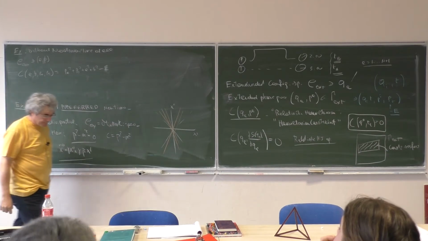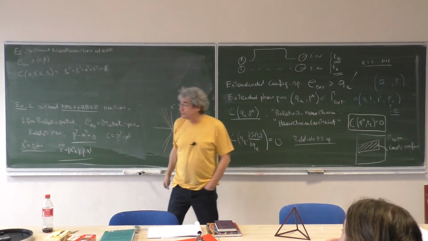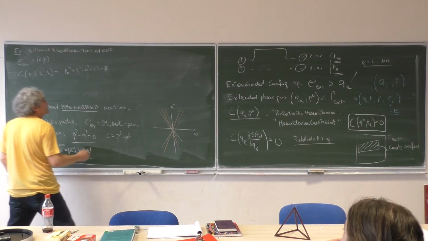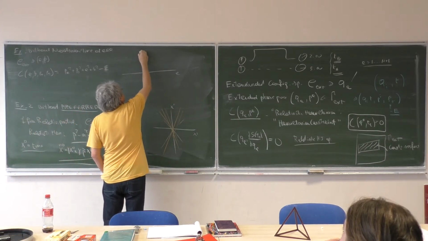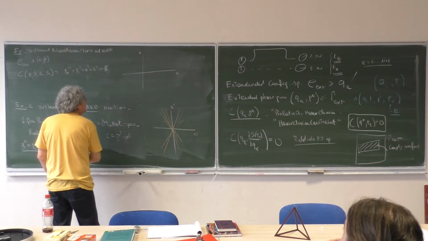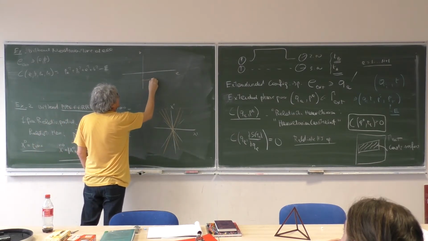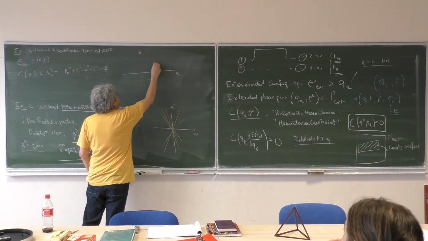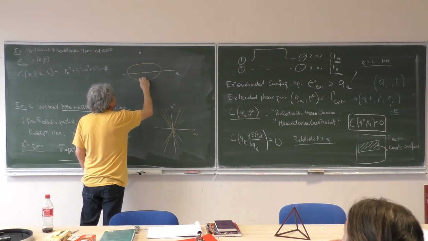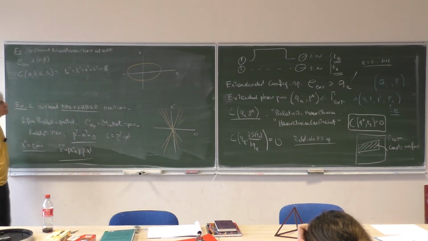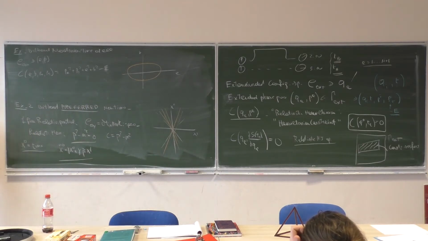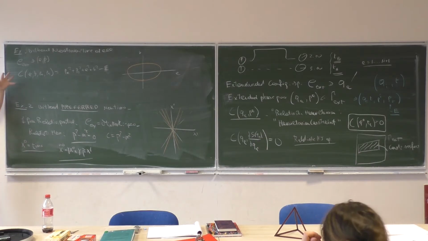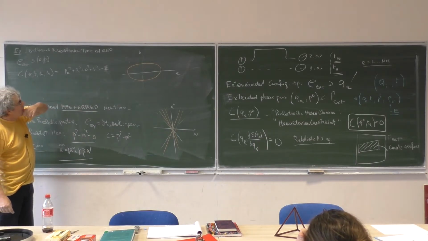Now it takes a minute, it's in the books if you want to do the explicit calculation, to see that the motions in the extended configuration space, so in AB, do something like that and form ellipses. All the motions are ellipses, more or less squeezed, more or less big. And so there is a one parameter family of ellipses that solve that.